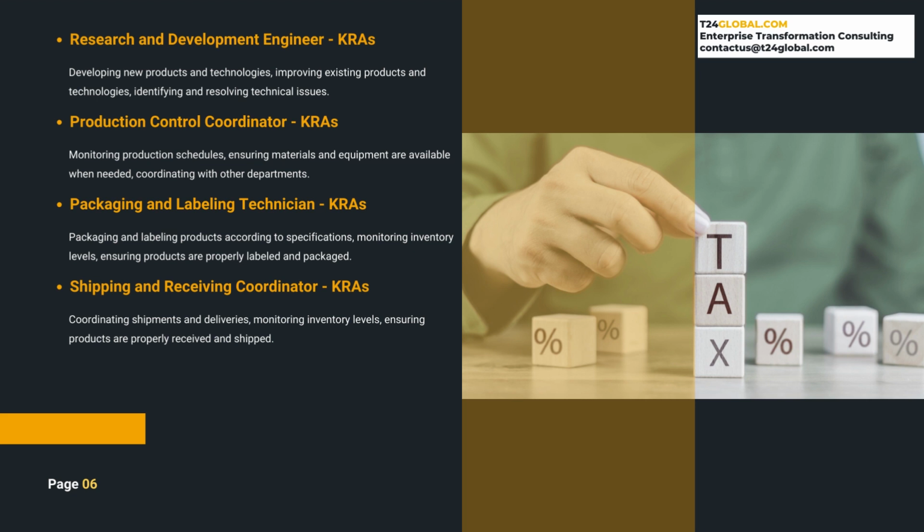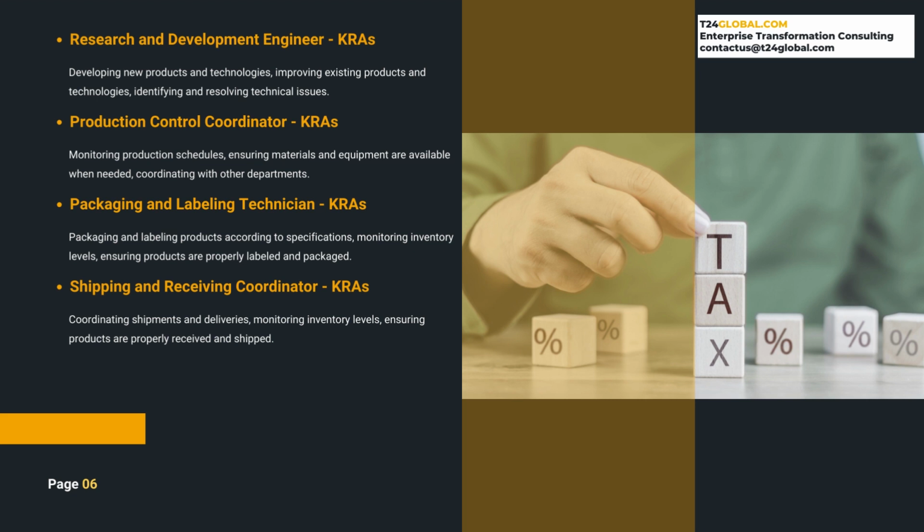Shipping and Receiving Coordinator. The Shipping and Receiving Coordinator is responsible for coordinating shipments and deliveries, monitoring inventory levels, ensuring products are properly received and shipped. KPIs for shipping and receiving coordinators include on-time delivery rate, inventory accuracy, and transportation costs.